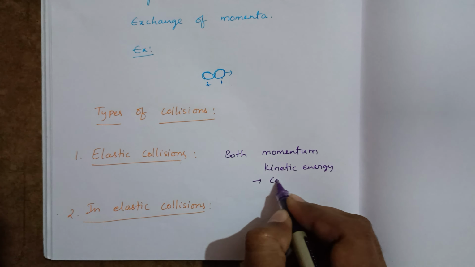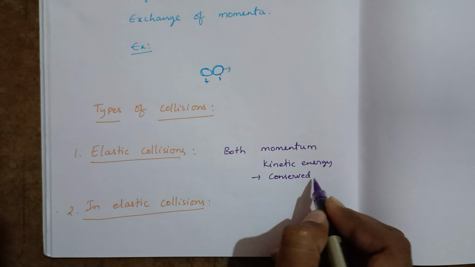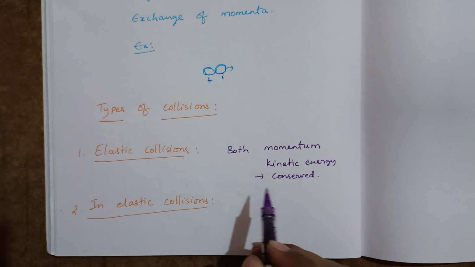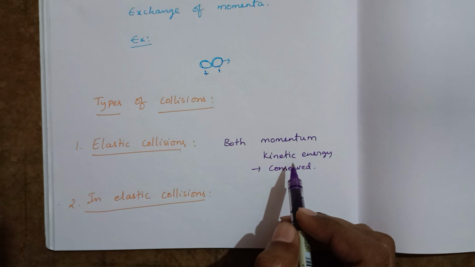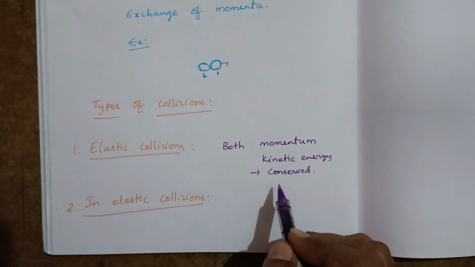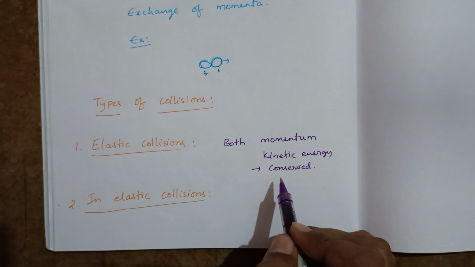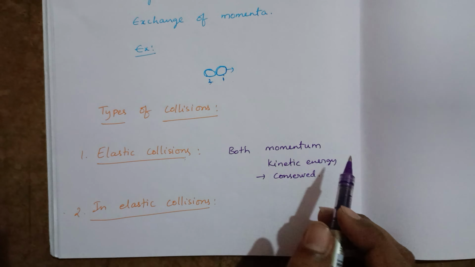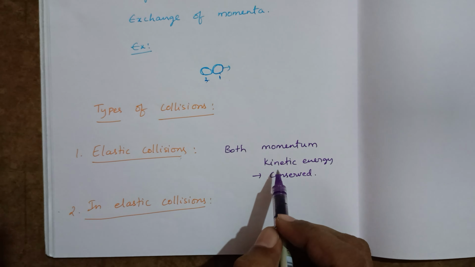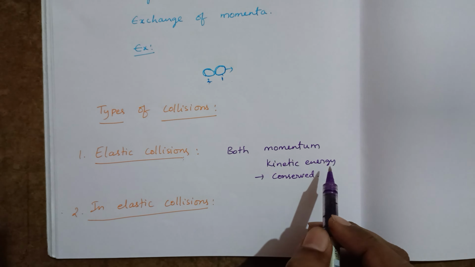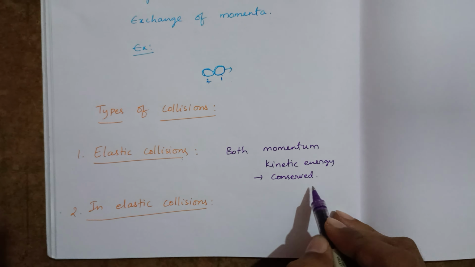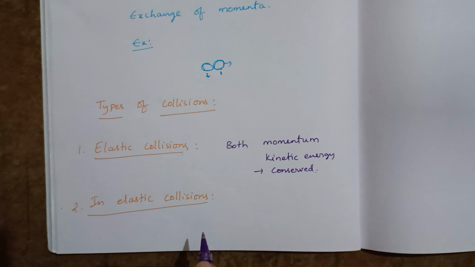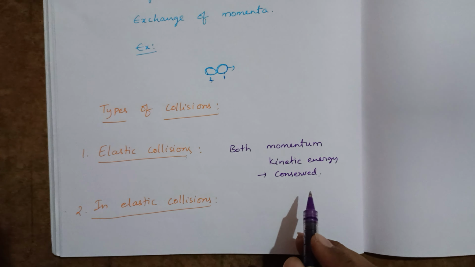Conserved means simply we can say constant. Before collision and after collision, both momentum and kinetic energy will be constant, remaining the same. Total momentum before collision equals total momentum after collision, and total kinetic energy before collision equals total kinetic energy after collision. Both momentum and kinetic energy are conserved; they remain the same.